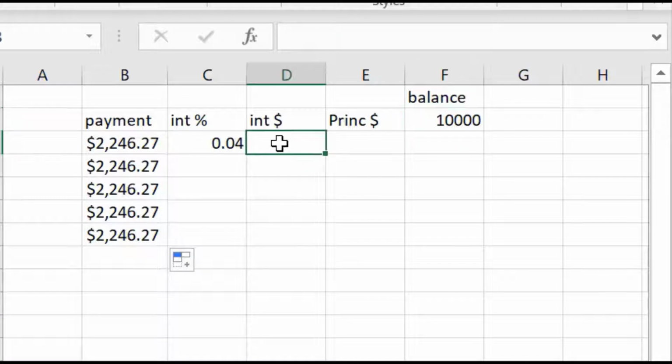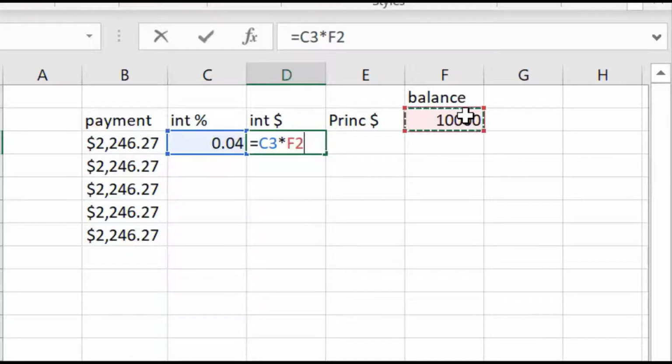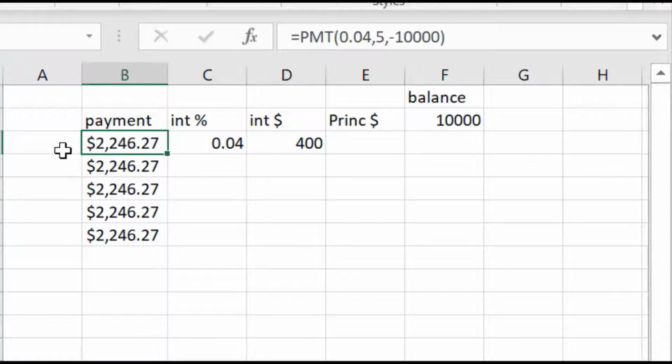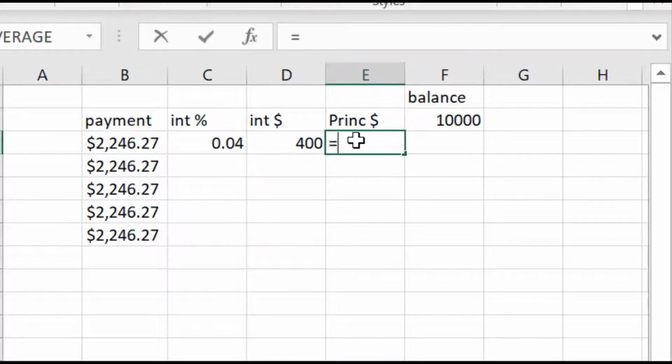So in year 1, we need to pay 4% times this $10,000 that we borrowed. That means in the first year, we are paying $400 of interest. But our full payment is $2,246.27. So some of that payment can go to principal and lower our balance. We can find out exactly how much that is by taking our payment and subtracting out the portion that's going to interest.